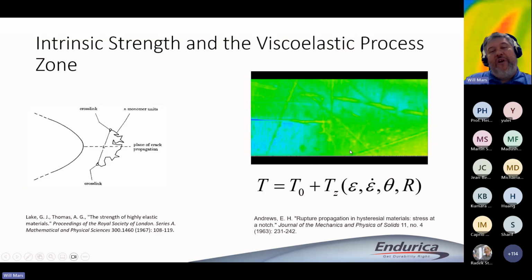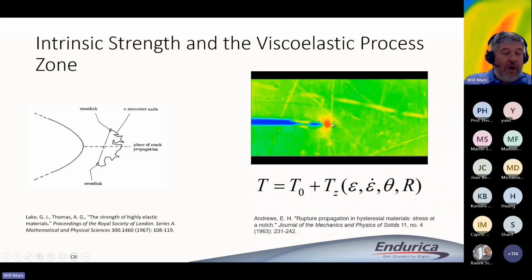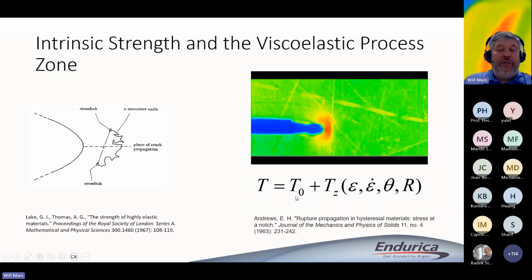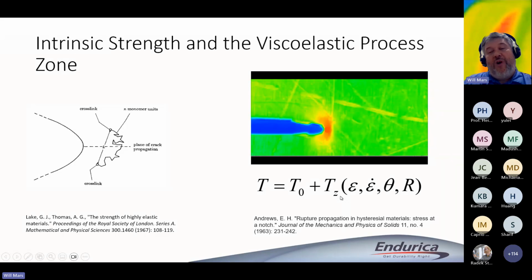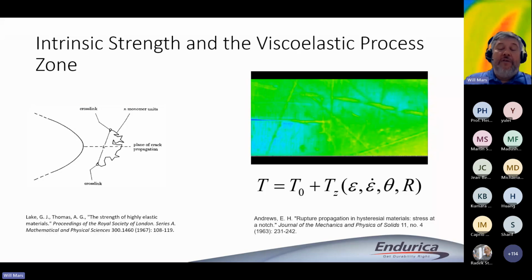So we have this region in front of the crack that we call the process zone, where all of this viscoelastic dissipation is happening. The dissipation there is so large that usually it overwhelms the T0 contribution. If you're up near the TC value, T0 has a value like 50 joule per meter squared, while TZ, the contribution from the process zone, is more like 50,000 joule per meter squared.